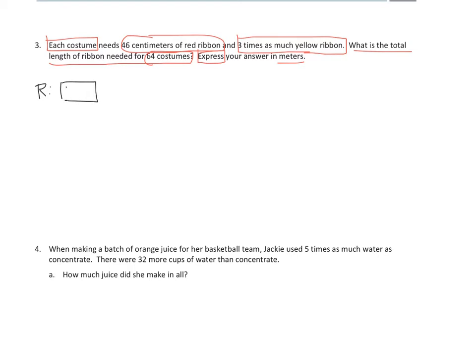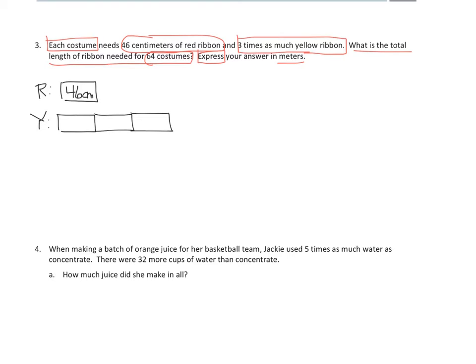And this is going to represent 46 centimeters. And then for yellow, it's going to be 3 times as much as the red ribbon. So if I do yellow and I put 3 boxes, is this 3 times more than the red ribbon? You are correct, it is.